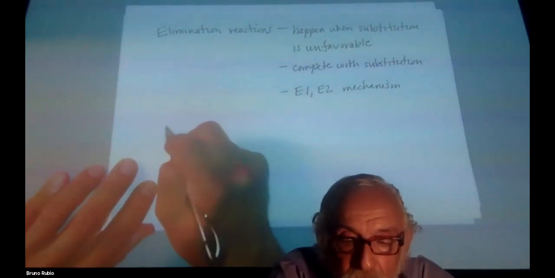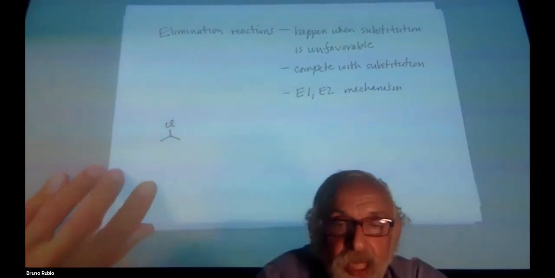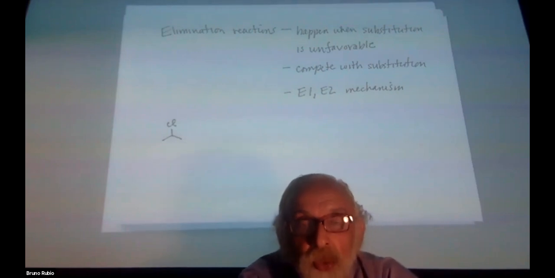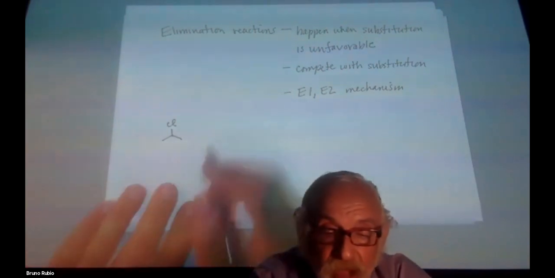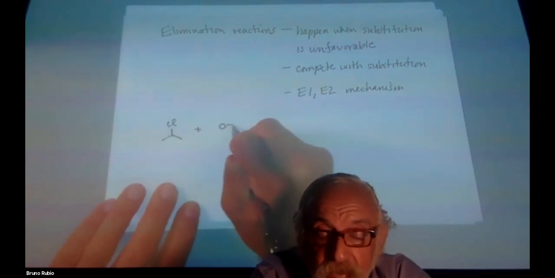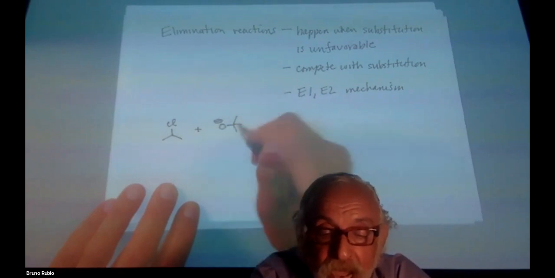So for example, I could have something like this. Okay, that's a secondary alkyl halide. And now I want to react that with a nucleophile. But the bad, unfortunate choice of nucleophile here is this tertiary butoxide.